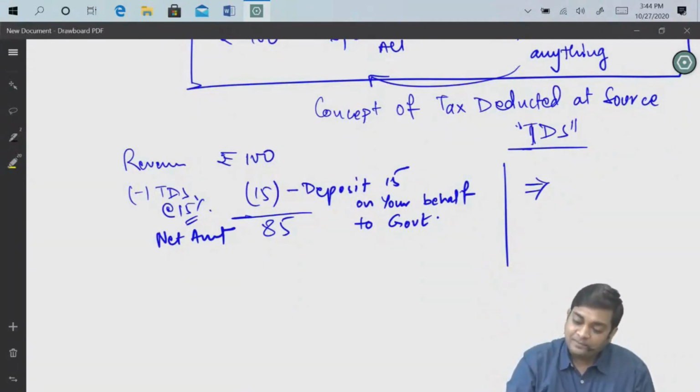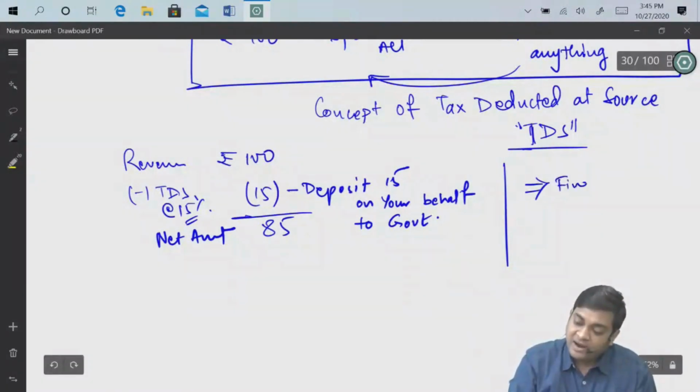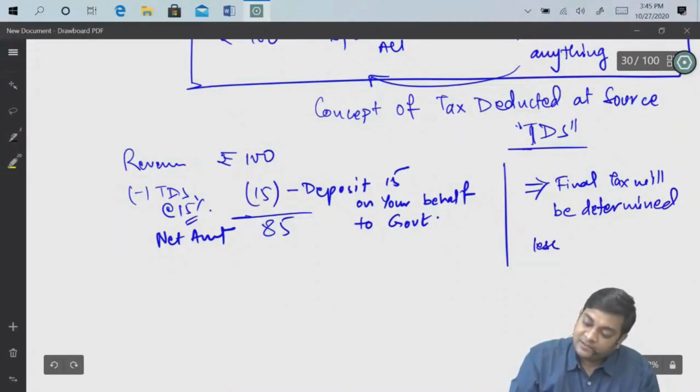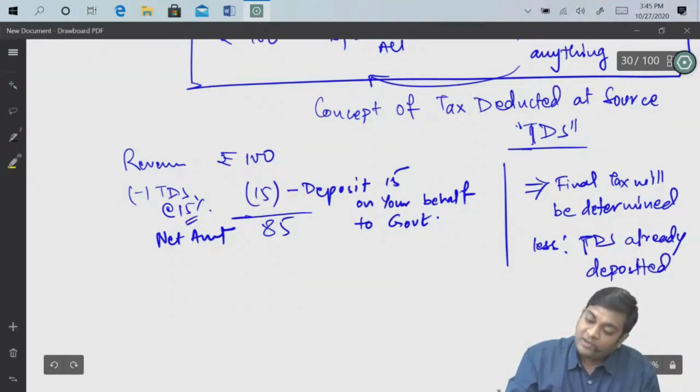So basically, in assessment year, your final tax will be determined less TDS already deposited on your behalf.